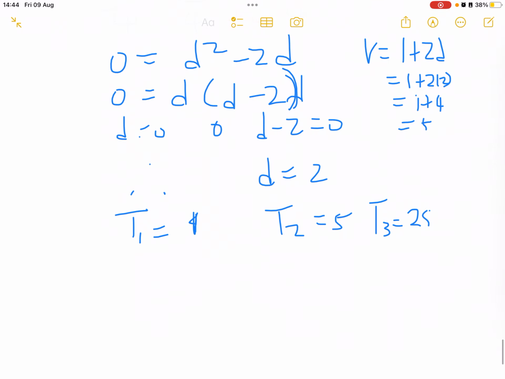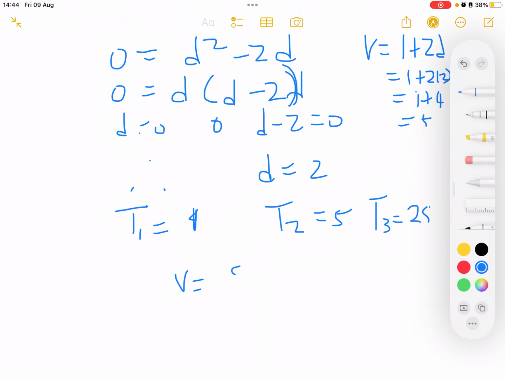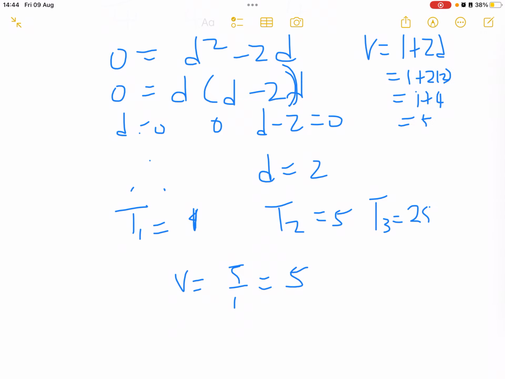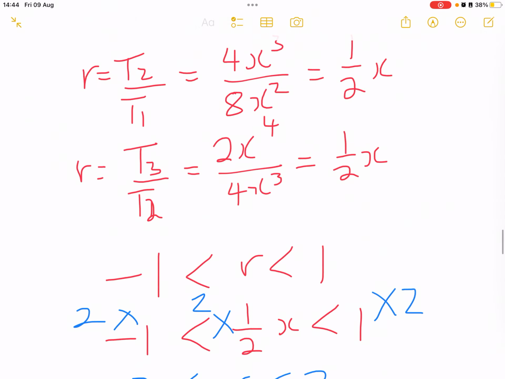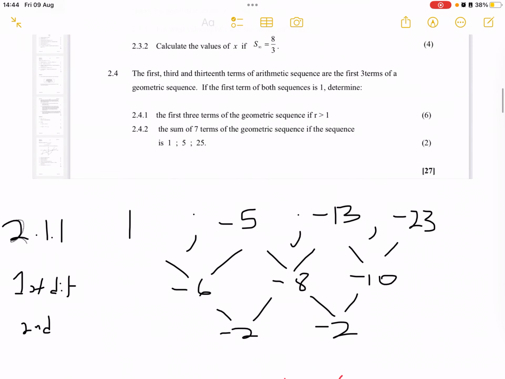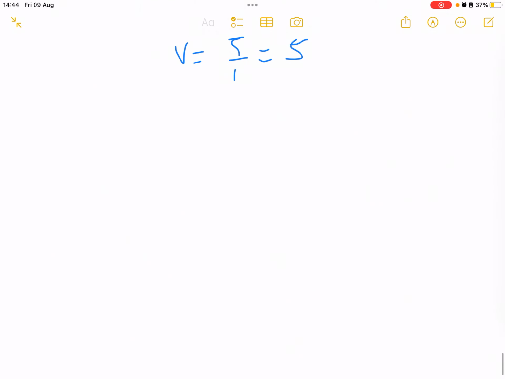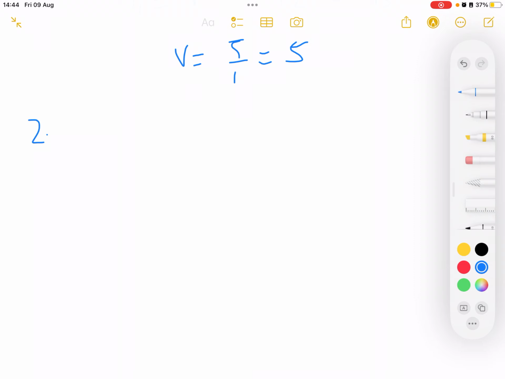And you can see r is greater than 1 because r is equal to 5 divided by 1, which is equal to 5. Lastly, the last question says the sum of the 7 terms of the geometric sequence 1, 5, and 25, question 2.4.2. Now that is 1, 5, 25. r is equal to 5.